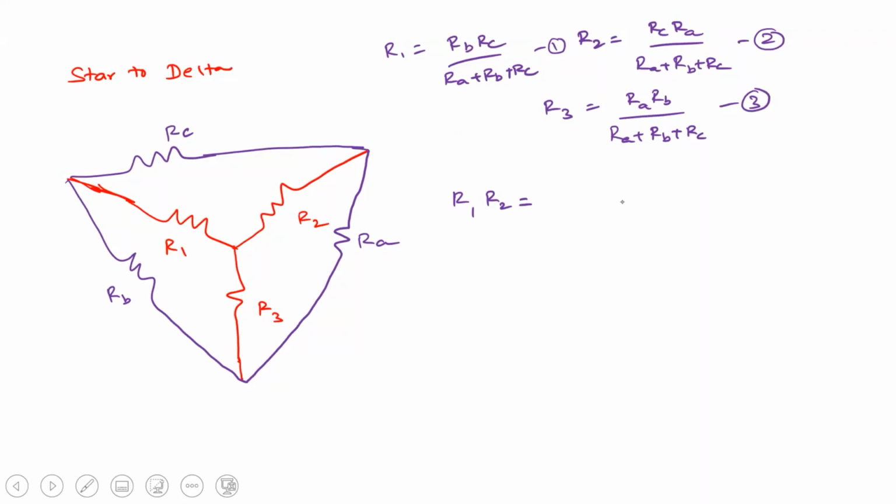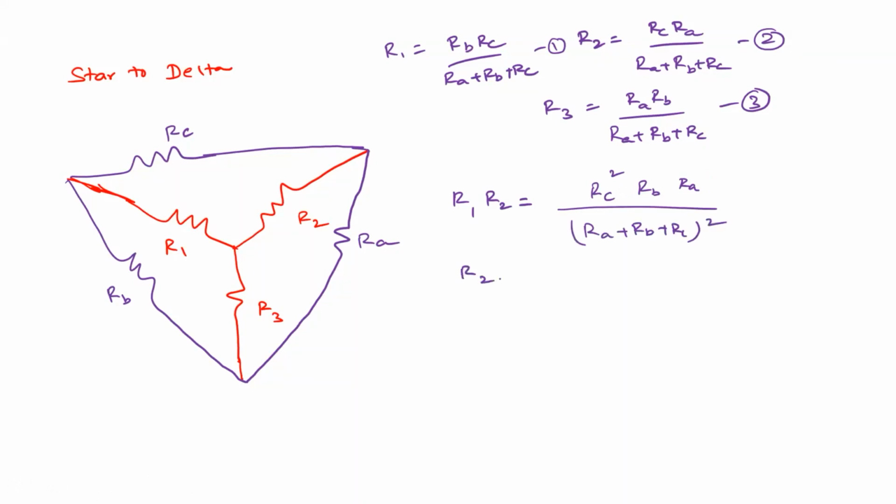Which is common here? RC is common, so RC into RB plus RA, right? Agree? RC squared into RA plus RB plus RC, whole square.